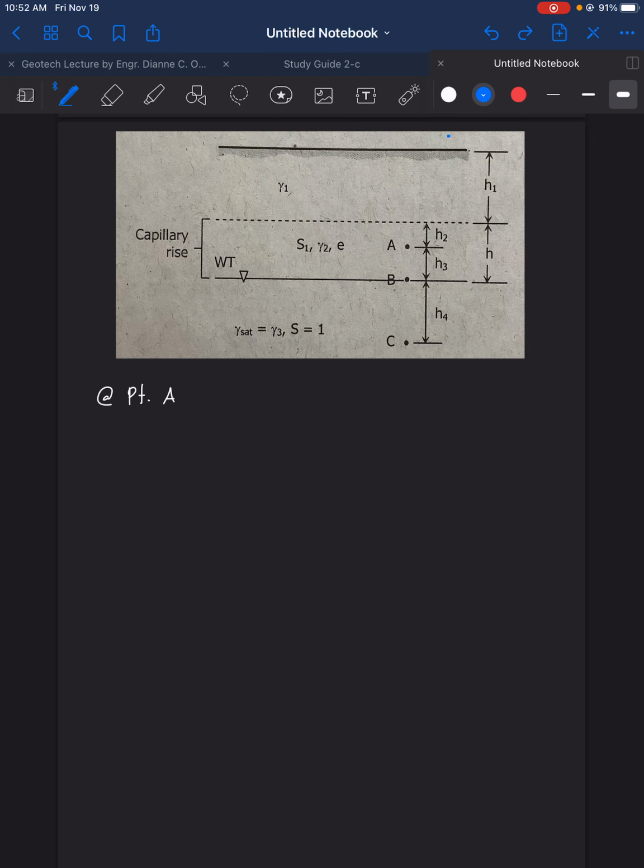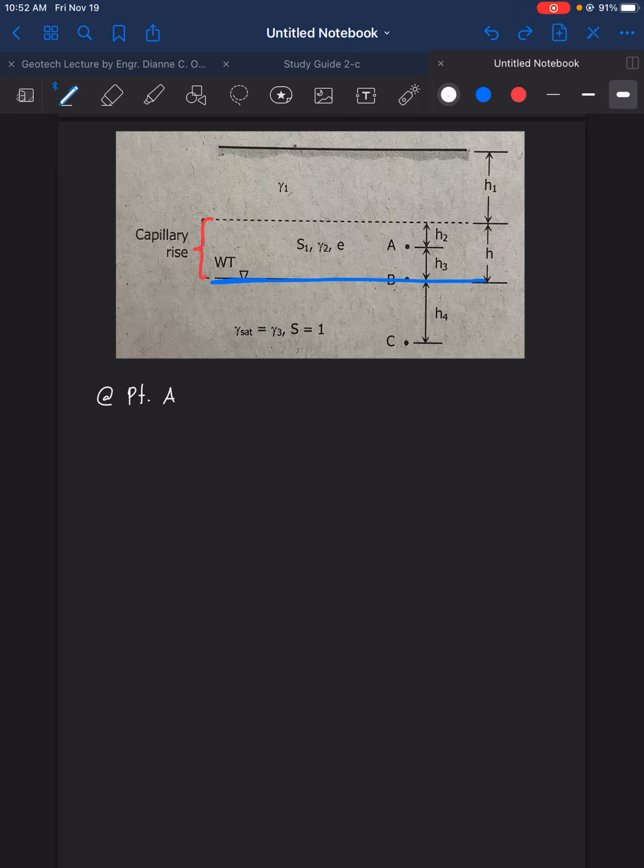This is the ground surface here, and this is the water table. From this water table, we get the capillary rise at a certain height H. This is the capillary zone H. As you can observe, point A is located inside the capillary rise.